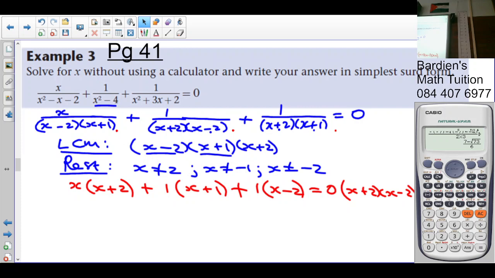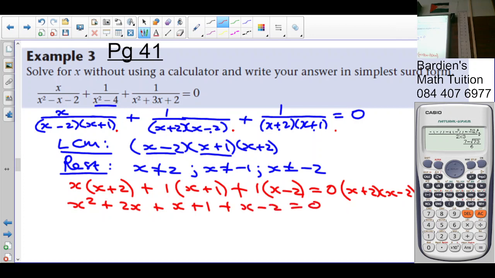Okay. So that's going to give us x squared plus x plus 1 plus x minus 2 is equal to 0. Is that in standard form? No. So it's going to be x squared, 2x plus x is going to give you 4x, 1 minus 2, negative 1 is equal to 0.